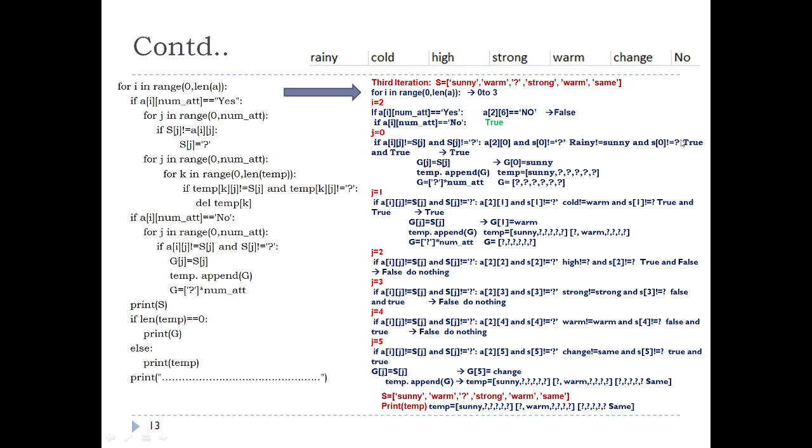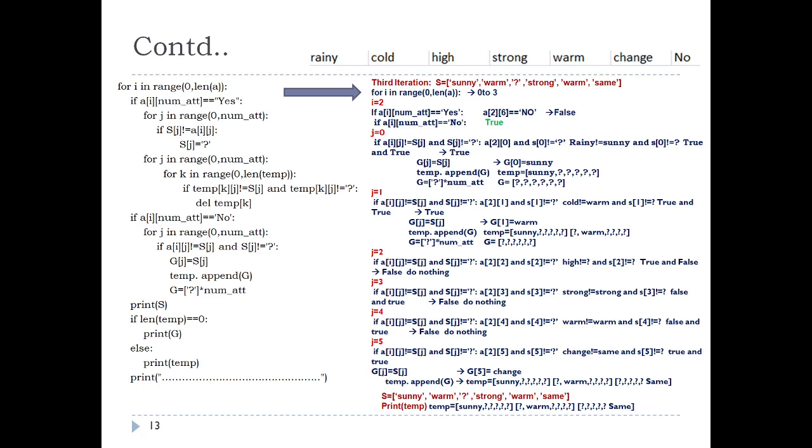Both are true, so the condition is true. If both conditions are true, then we need to change g of 0 to sunny, and that will be appended into the temp list. Temp is nothing but a list, and the remaining attributes we will write as question marks. So that becomes the temp value.